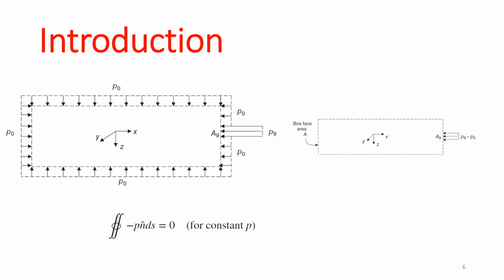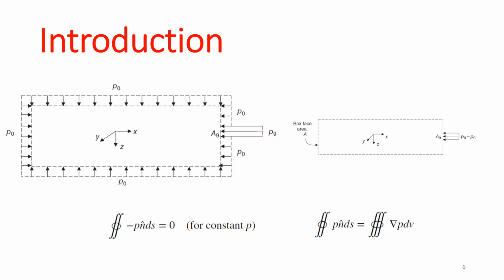We can also use the gradient theorem to convert this surface pressure integral to a volumetric one. Is there anyone who remembers what the gradient theorem was? It was pretty simple.